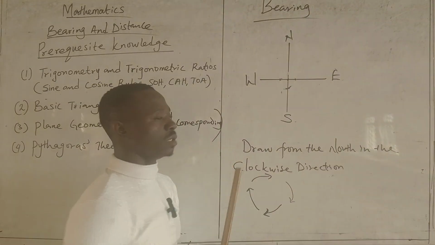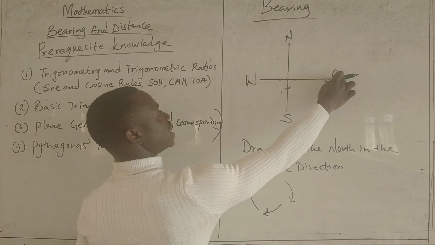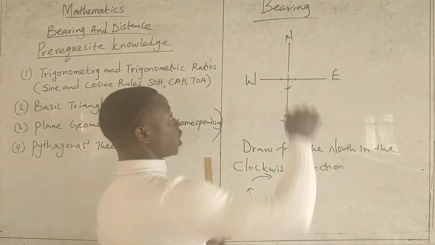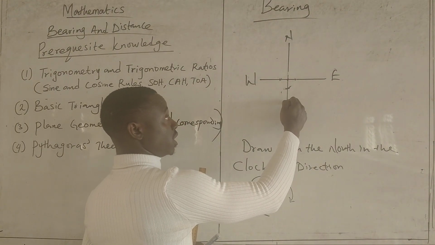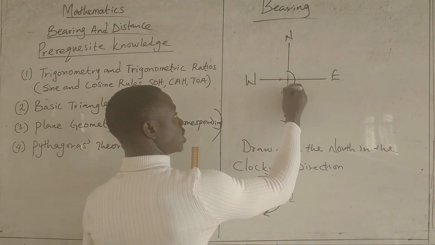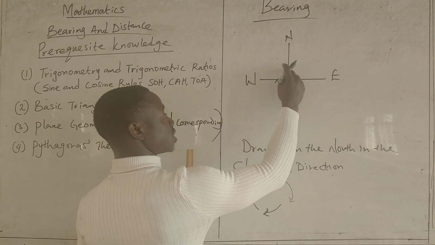Now, your 30 degrees, starting from the north, will fall in between north and what? And east, because from north to east is 90 degrees. And for your information also, from north to south is going to be 180. From north to the west, this 90 here plus this 90 here, that's going to be what?